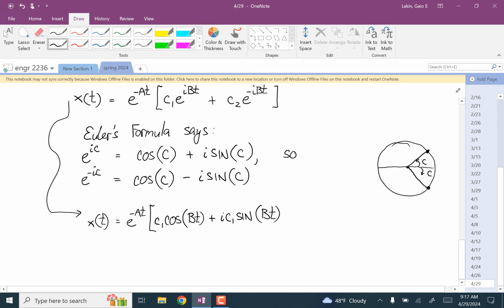Okay. And then now we're on this second, the c2 term. So this is the one with the negative exponent, so we're going to use the subtraction formula here. So we have plus c2 times the cosine of bt, and then minus i c2 times the sine of bt.